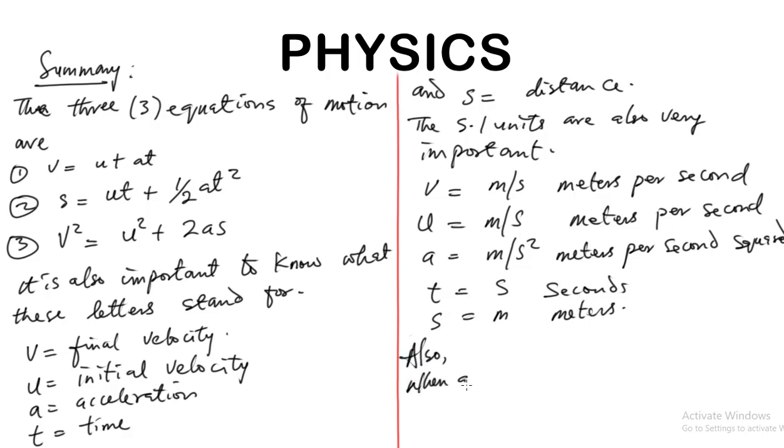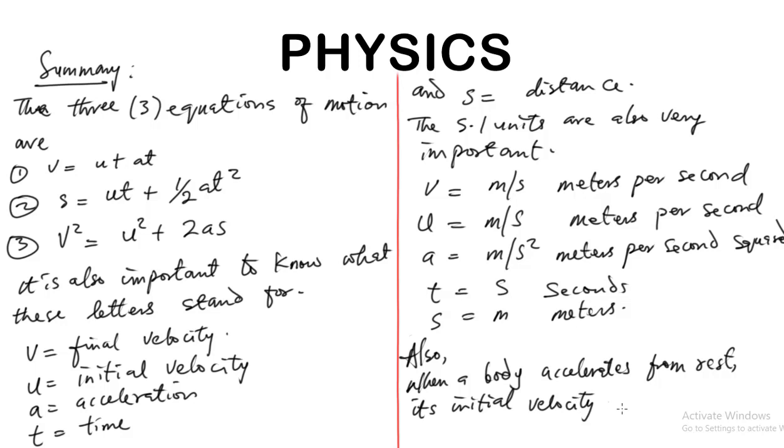Also note that when a body accelerates from rest, its initial velocity is equal to 0 meters per second. When it comes to rest, its final velocity is equal to 0 meters per second.